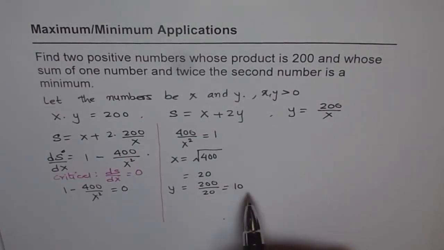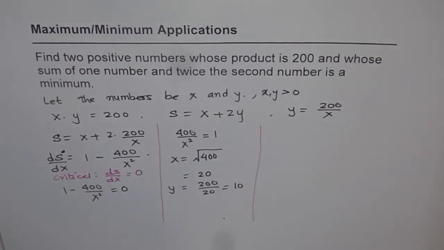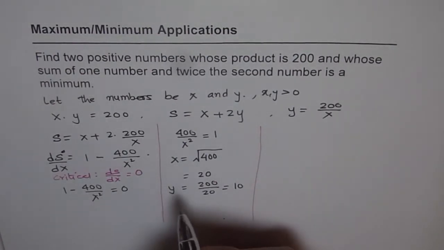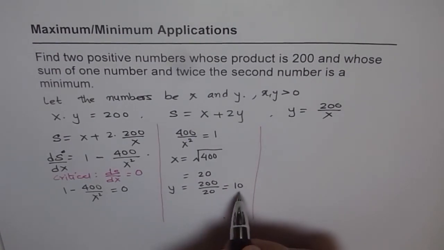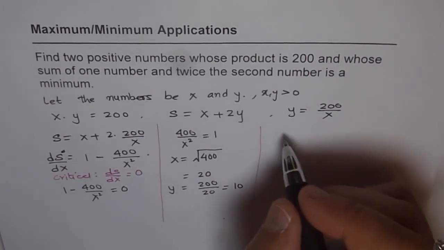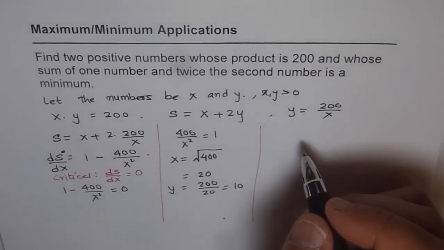Now we have to show that this is a minimum value. How can you show that? So we did get our points, and critical numbers are x equals 20 and y equals 10. Now for showing that this is a minimum, we can do the first derivative check.